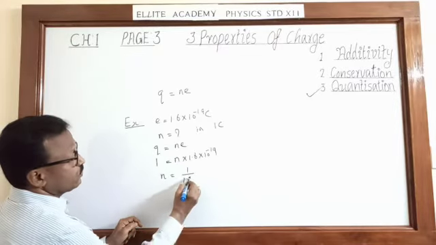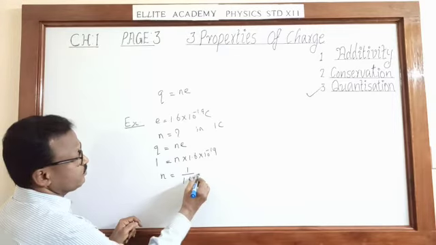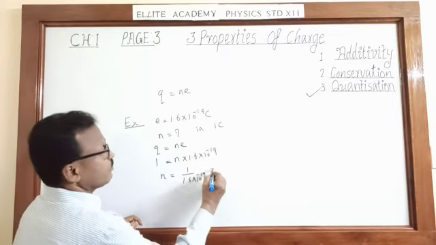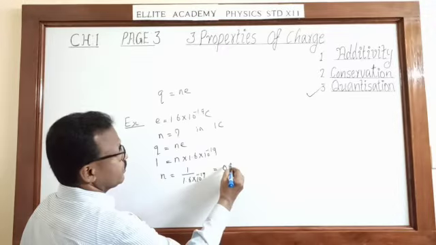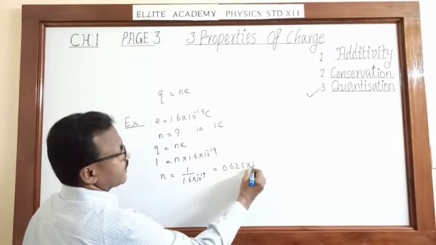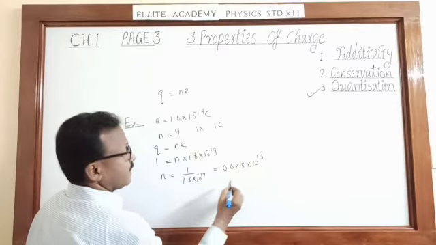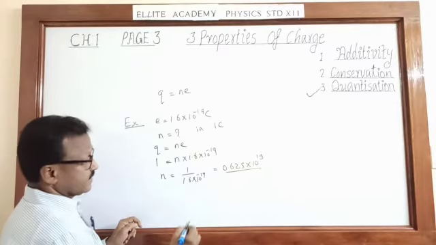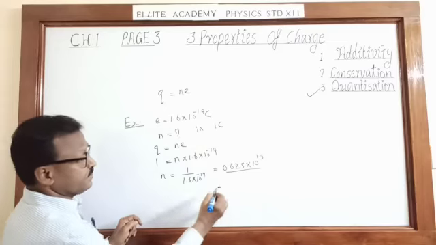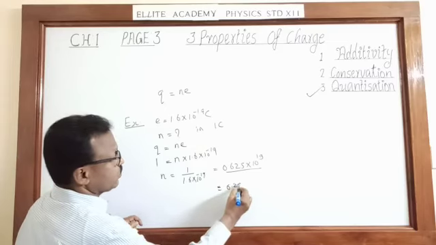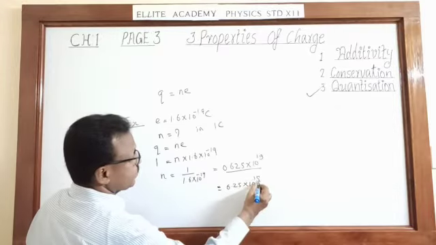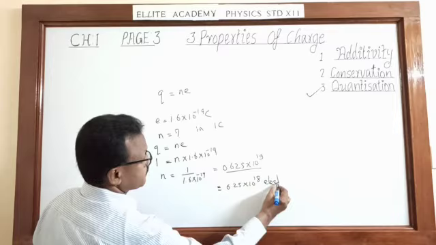It is 1 upon 1.6 into 10 raised to minus 19. 1 upon 1.6 will become 0.625 into 10 raised to minus 19, which goes up to plus 19. So many electrons are there. If you want, I can shift the decimal. That will be 6.25 into 10 raised to 18 electrons.